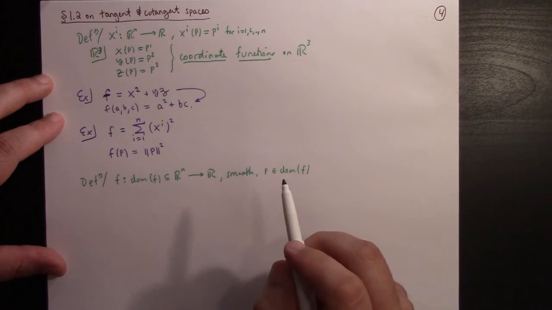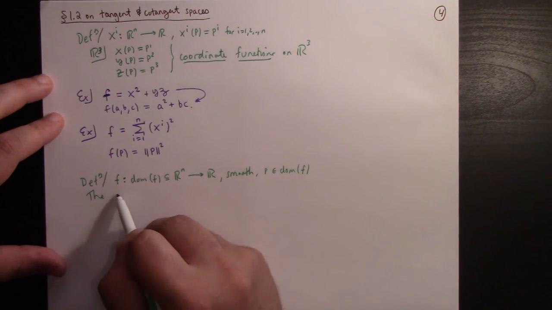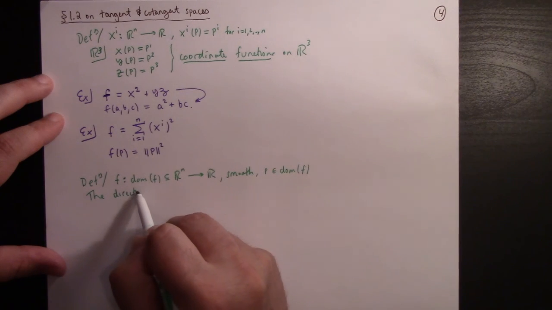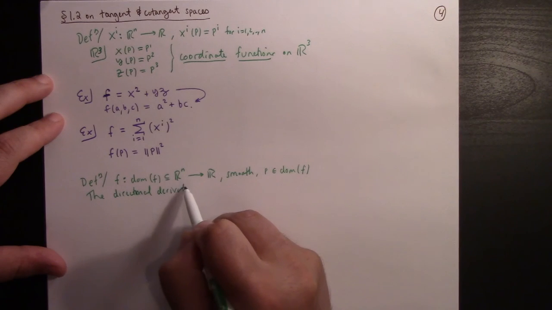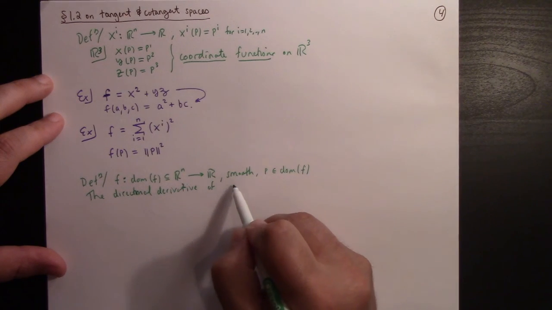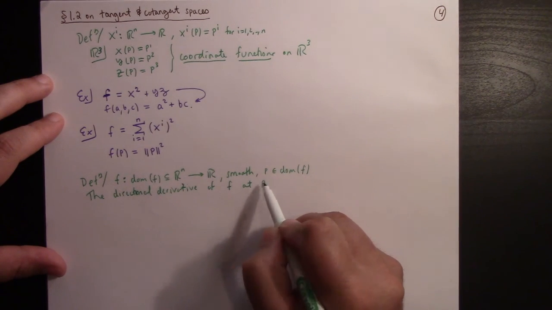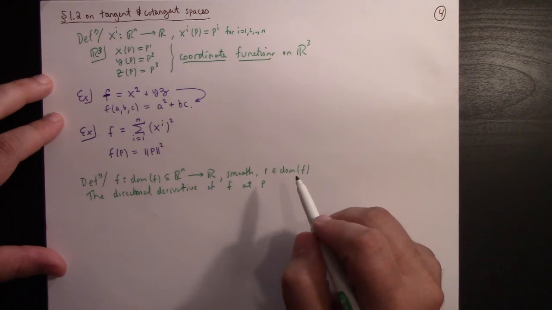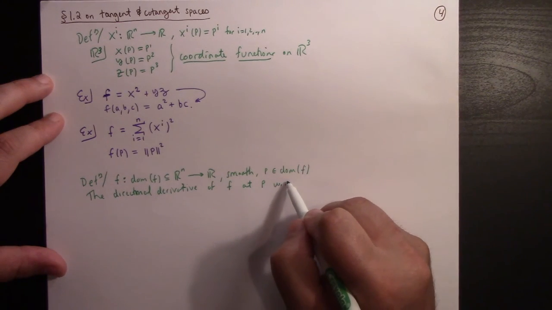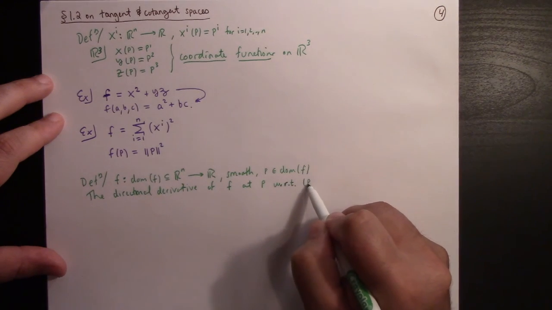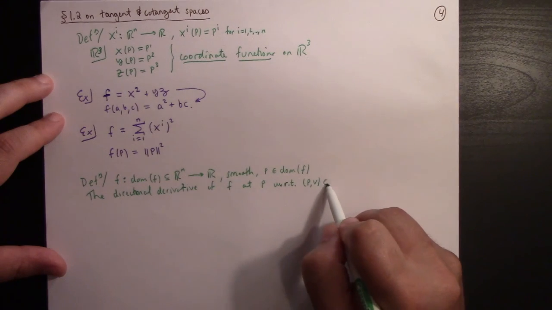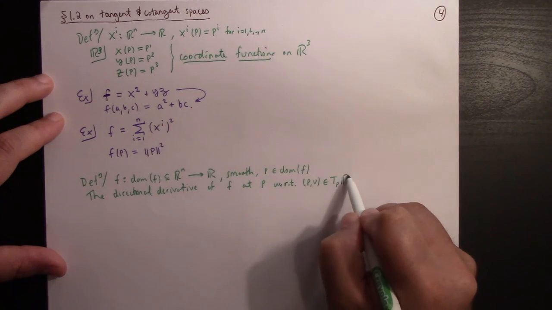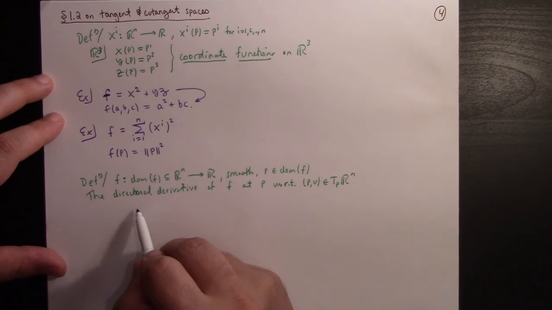Okay, great. Then the directional derivative of f at p with respect to, let's say, (p, v), the vector v attached to the point p, which would be an element of T_pR^n as we learned. And here's the notation I'm going to use.